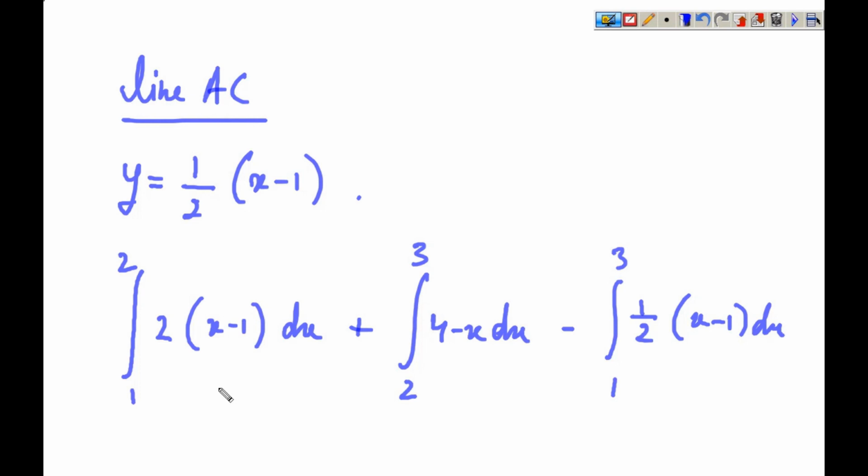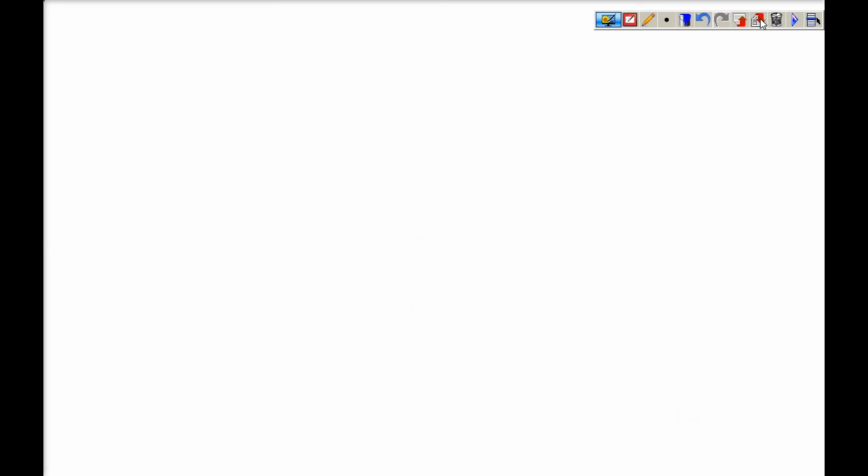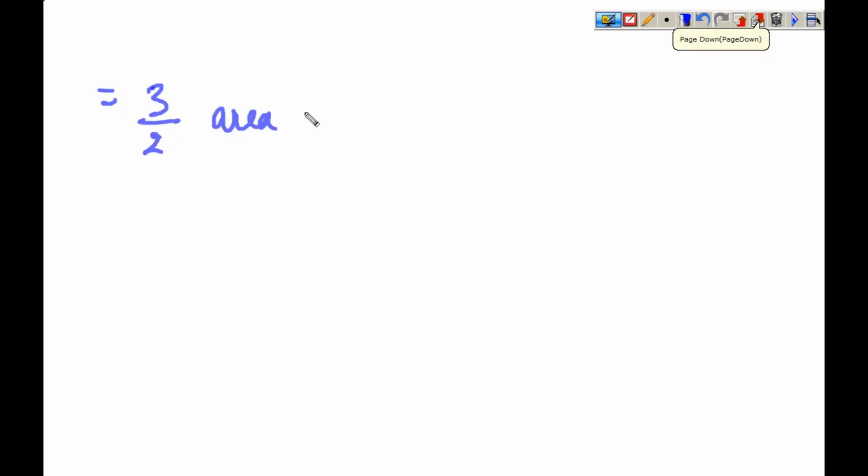So this comes out to be 1, and this comes out to be 3 by 2, and this comes out to be minus 1. Therefore the required area is 3 by 2 area units.